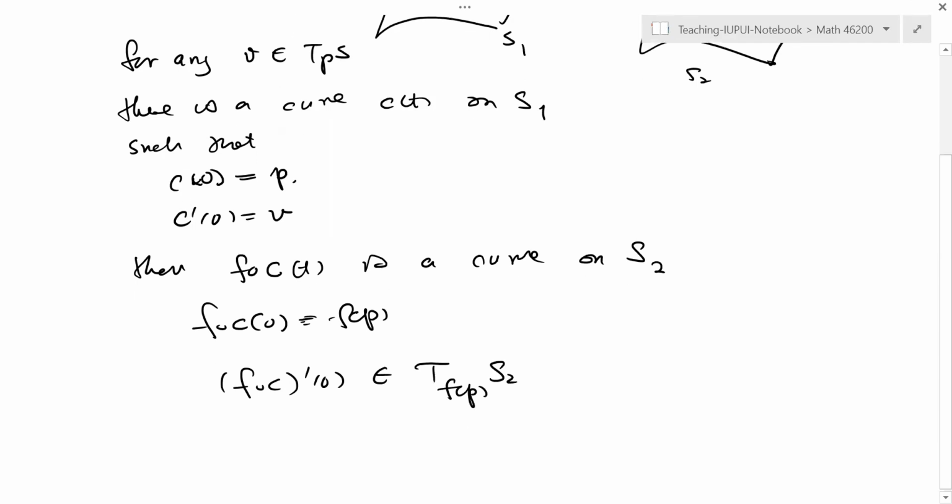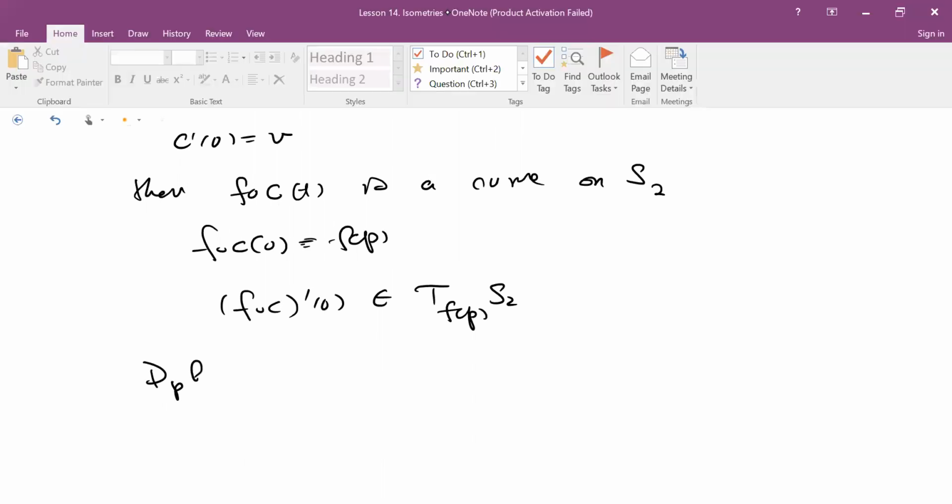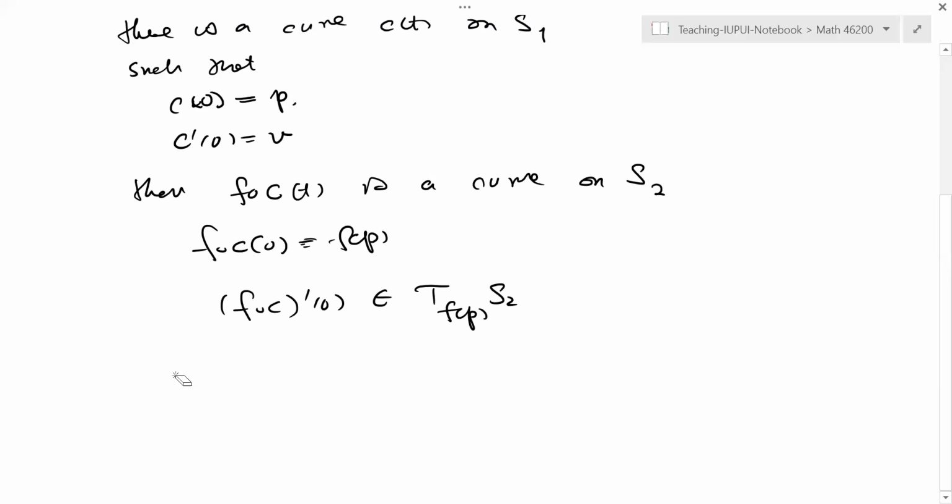Our definition of the linear map, and there are a couple of ways to define it, this is one of them.